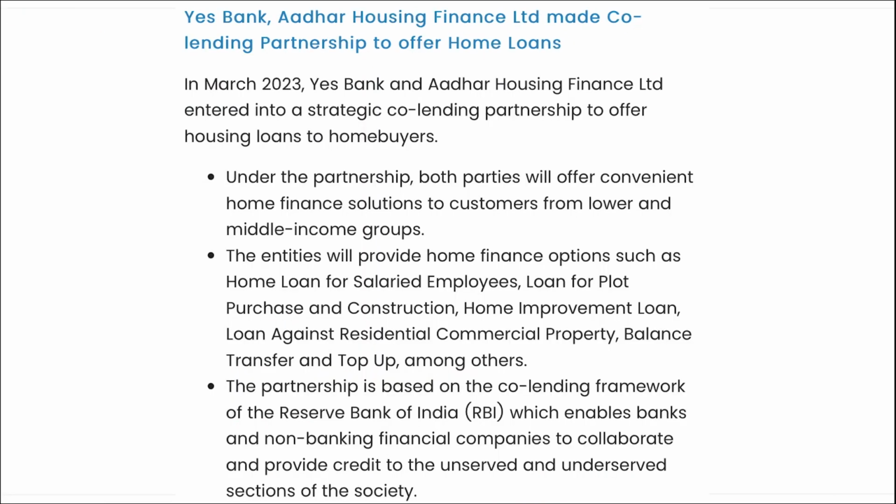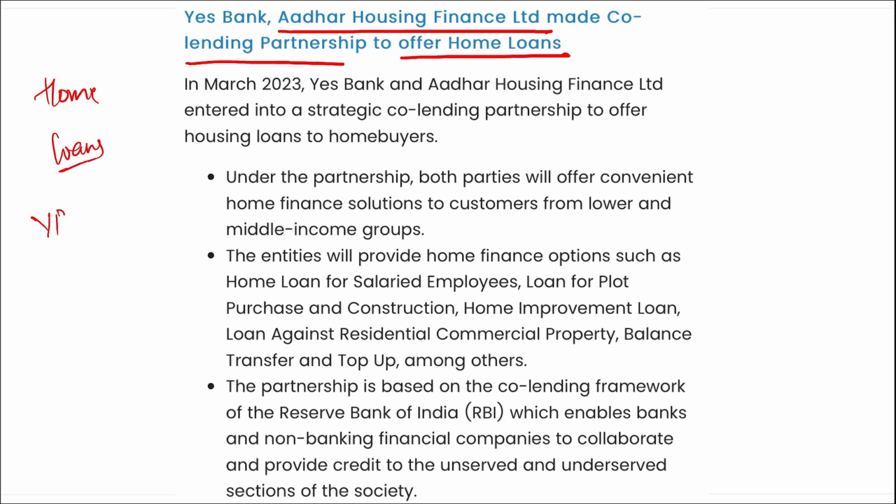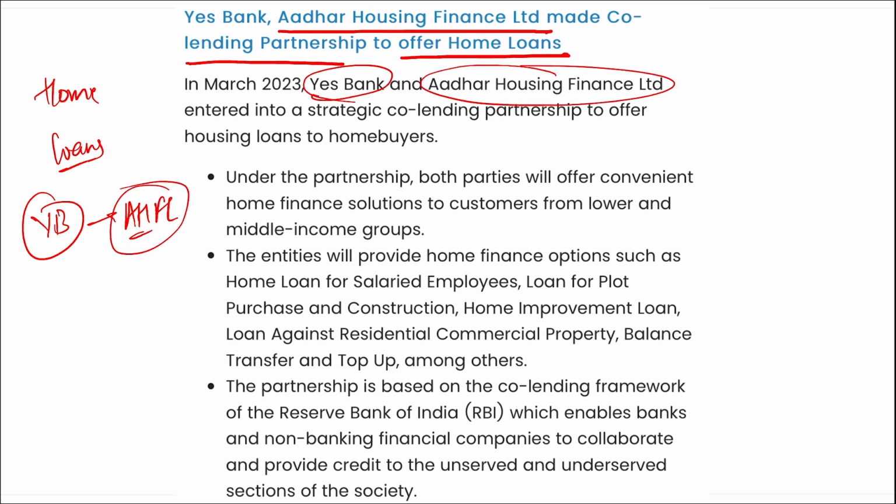Next, Yes Bank and Aadhaar Housing Finance Limited have made a co-lending partnership to offer home loans. All right, in order to provide home loans, Yes Bank has tied up with Aadhaar Housing Finance Limited. So Yes Bank and Aadhaar Housing Finance Limited entered into a strategic co-lending partnership to offer housing loans to home buyers.